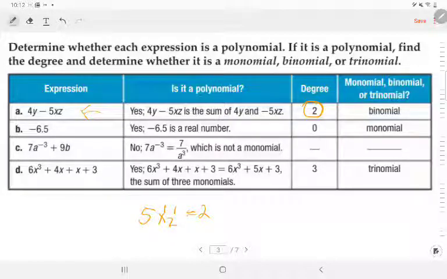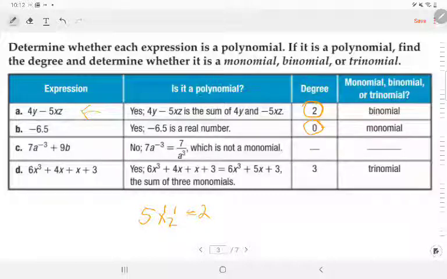Now b, negative 6.5, yes, it is a polynomial. It's a monomial, but it's to the degree of 0. There's no variable on there, okay? So constants are degree of 0. Then on C, we have 7a to the negative third plus 9b.